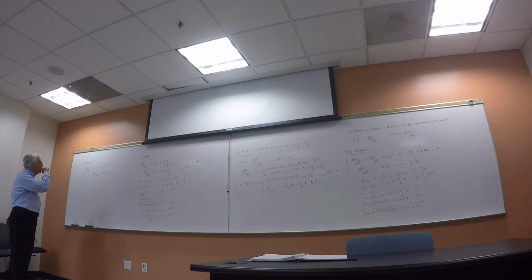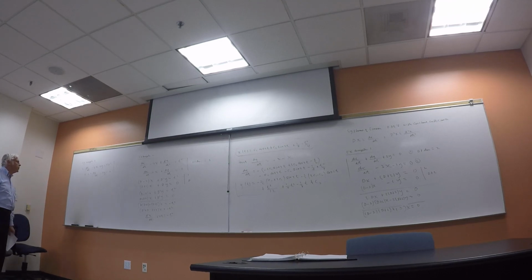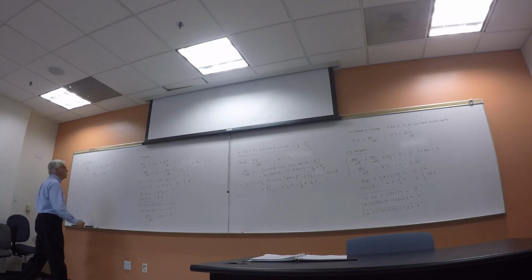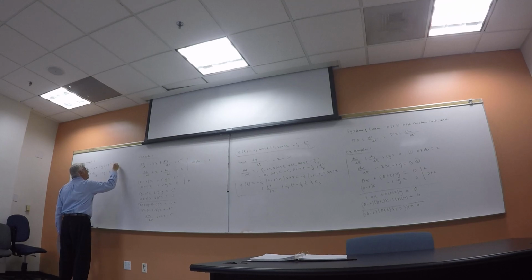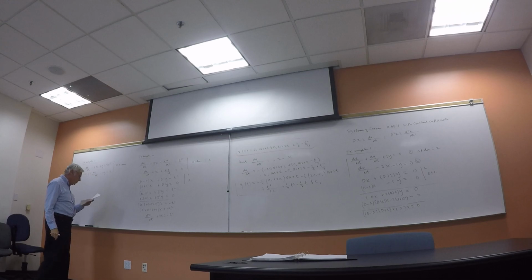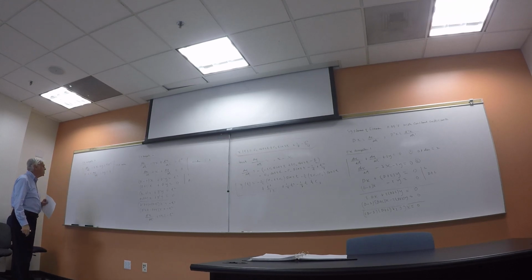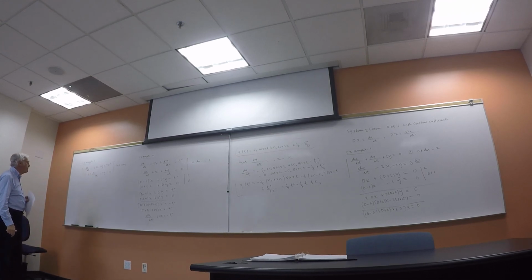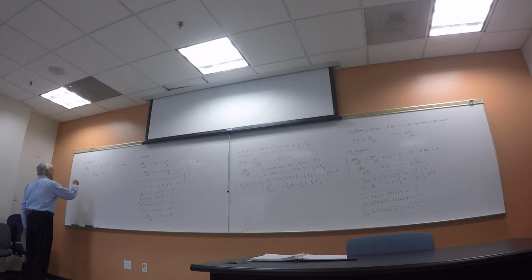Okay. First thing we're going to ask ourselves, what's the order? The highest order I see is first in x and first in y, right? So, second order. That means it should be 2 and only 2 arbitrary constants in the general solution. Okay. So again, we make things simple.